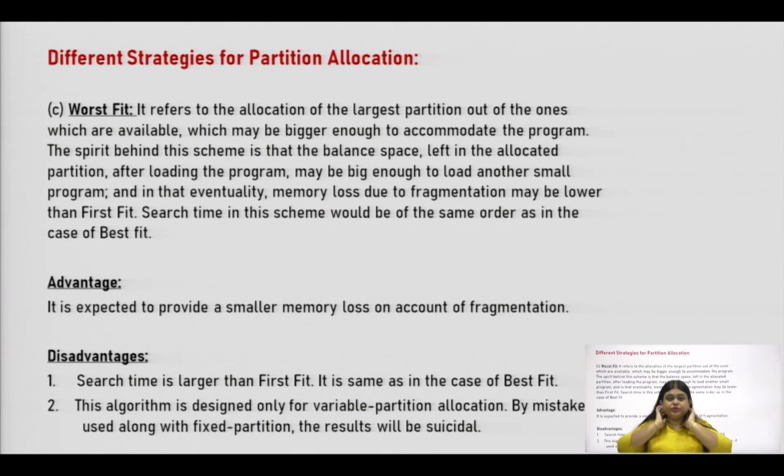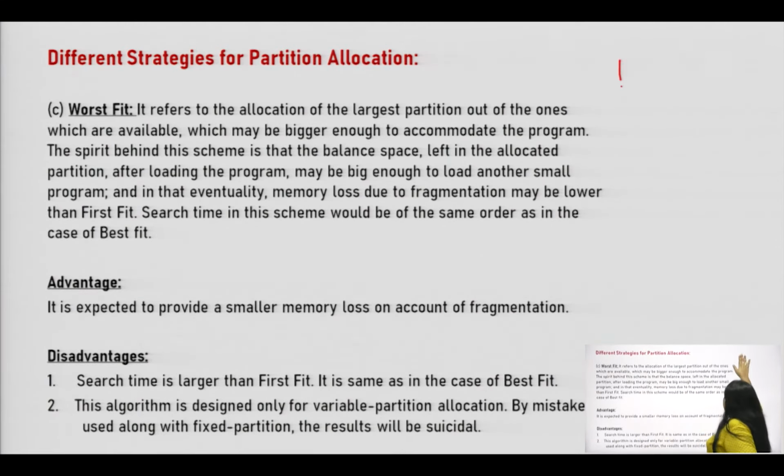So, why allocate the biggest block? Because we are going to have a lot of internal fragmentation in that case. But because we are talking about the variable partitioning technique, that internal fragmentation can be used as a new block by any other process that is trying to enter the memory.